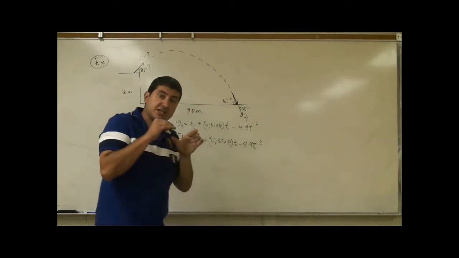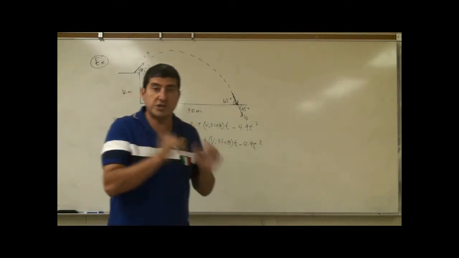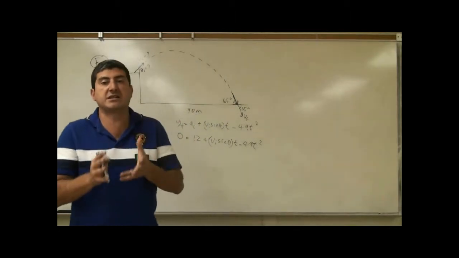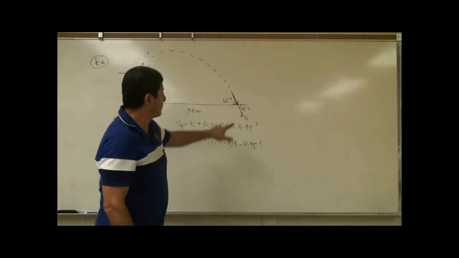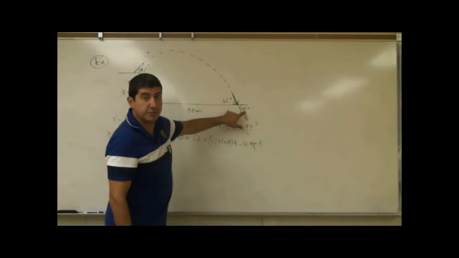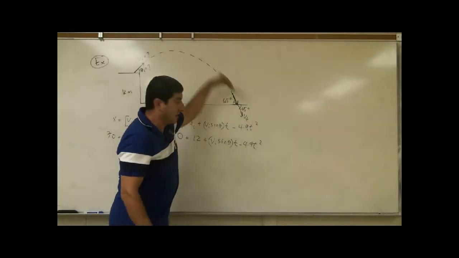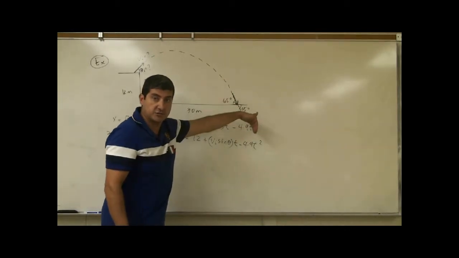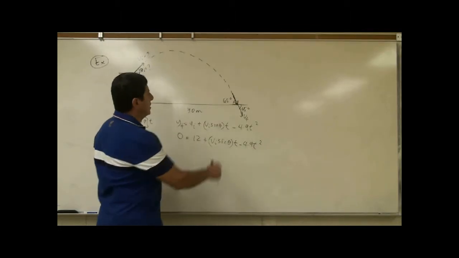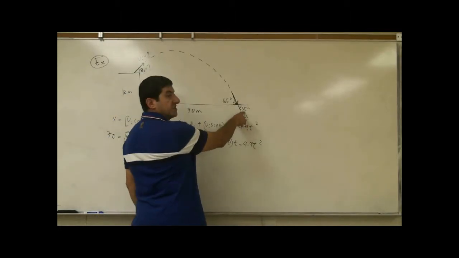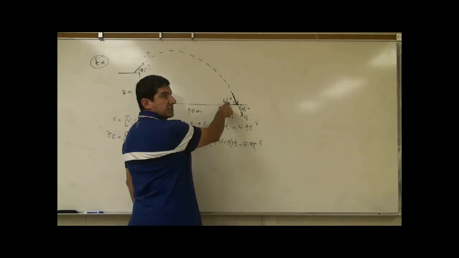So the angle that you get stuck when you hit the ground or when you hit the wall is the same as the angle that you were going at. Except that the angle that you were going at is possible that it's negative because it's headed downhill, right? It's headed downward. So the angle that the arrow was going at must have been negative 65, right? That's why it got stuck at 65.